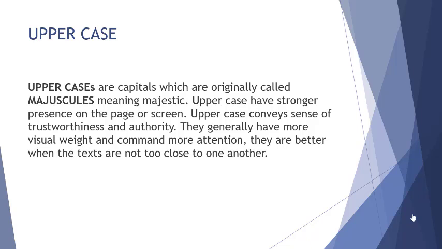They generally have more visual weight and command more attention. They are better when the text is not too close together. So that's why you see in most designs, when you want to make something more prominent or give it more emphasis, to give authority to the message you are passing, then you use uppercase.